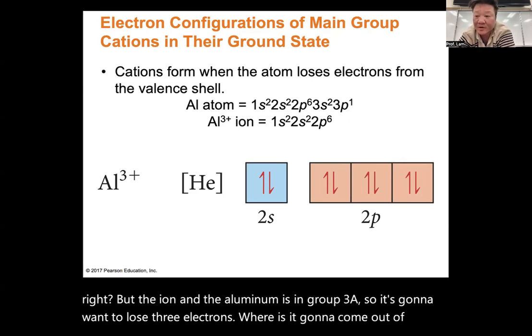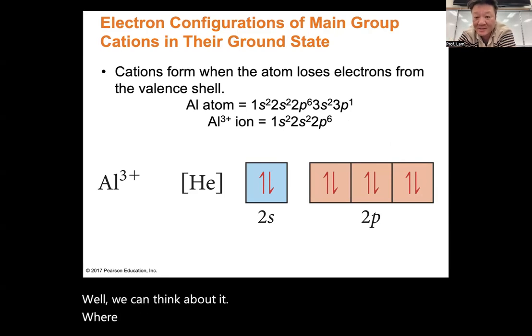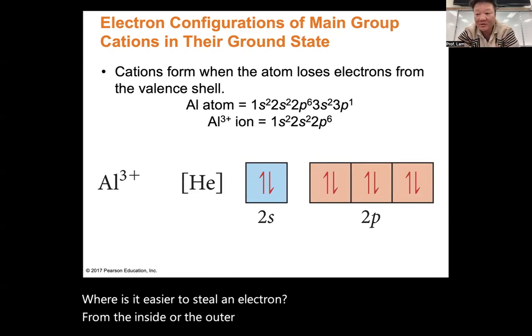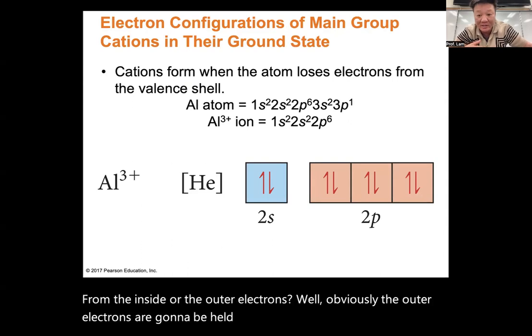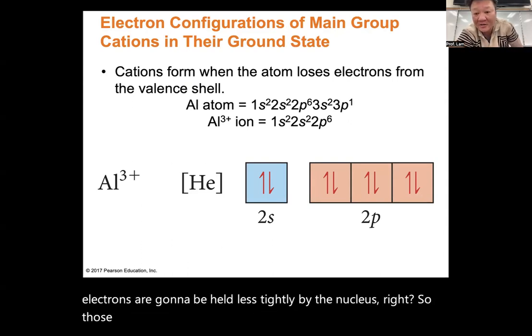Well, we can think about it. Where is it easier to steal an electron, from the inside or the outer electrons? Well, obviously, the outer electrons are going to be held less tightly by the nucleus, right? So those electrons are going to get lost first.